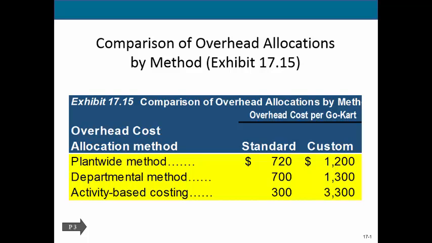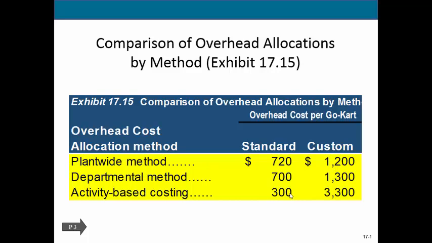You can see here now that we have a better understanding that our standard go-kart costs us much less than the custom go-kart. And when companies have better cost information, they can make much better decisions about how they're going to move forward with their company. You can see here the cost of the standard go-kart is much less than what they were originally thinking, whereas the custom is much more expensive.